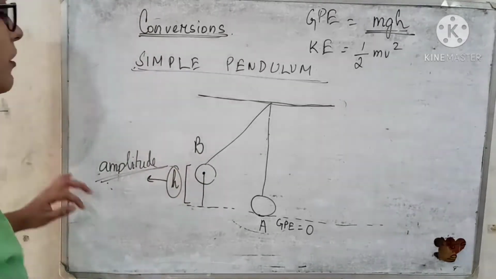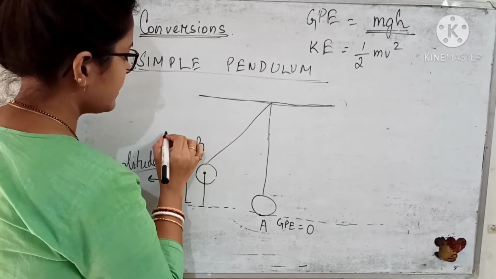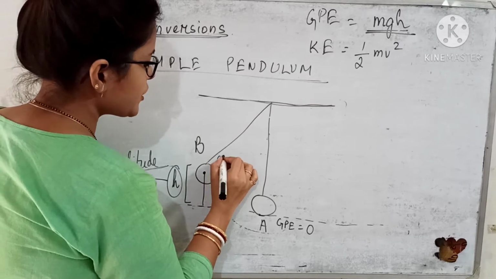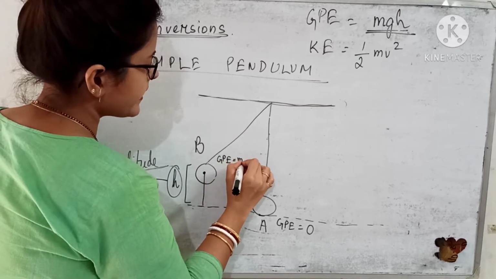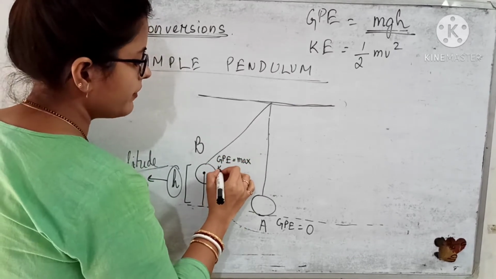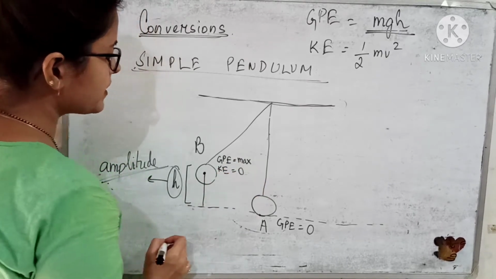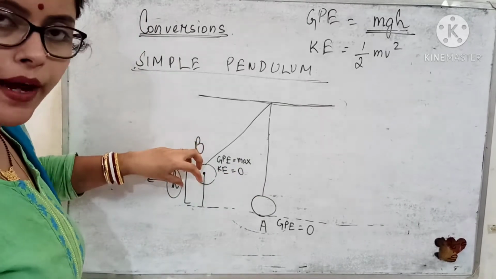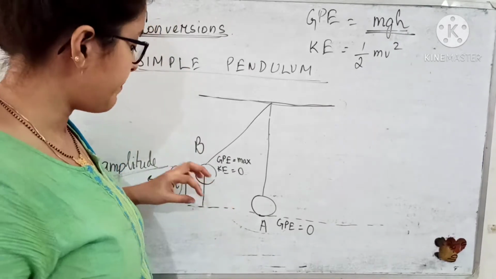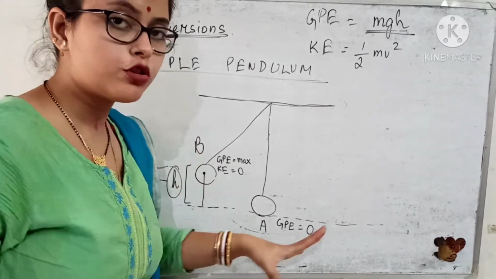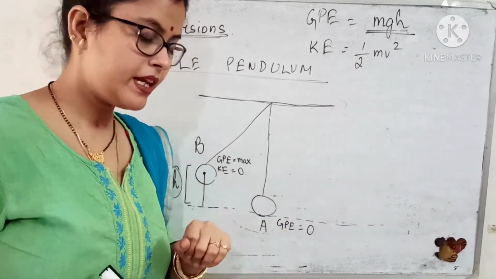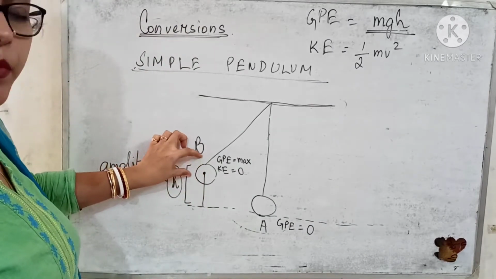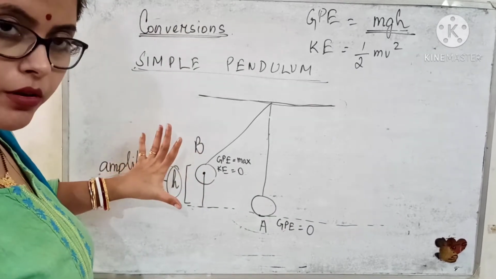Now at this particular point, the gravitational potential energy is maximum. However, the kinetic energy is zero, because we are holding the bob and we have not let the pendulum come to motion yet. Now what do we do? At this particular point, we leave the bob.